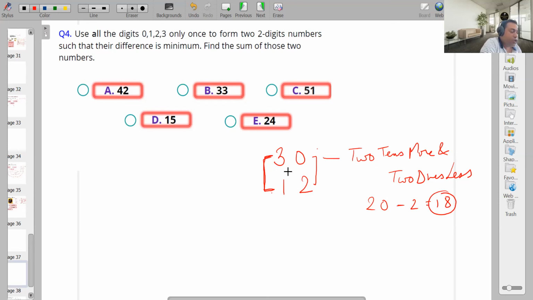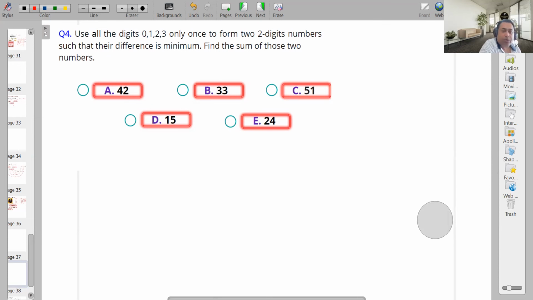You can see this. So in order to minimize the gap, you have to minimize the gap of the tens place, because that will have more impact on the difference or sum. So what we need to do, we'll see that the gap of each one of them is 1. The difference between 0 and 1 is 1. The difference between 1 and 2 is also 1. And the difference between 2 and 3 is also 1.